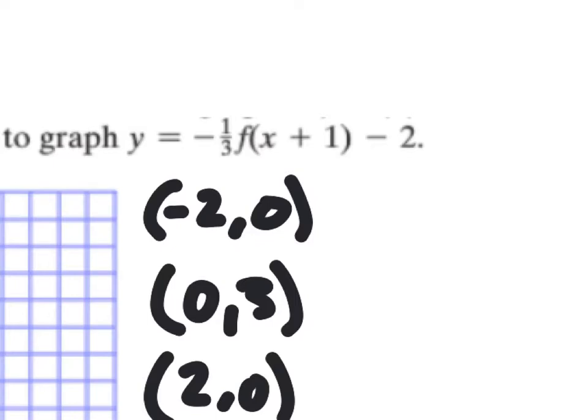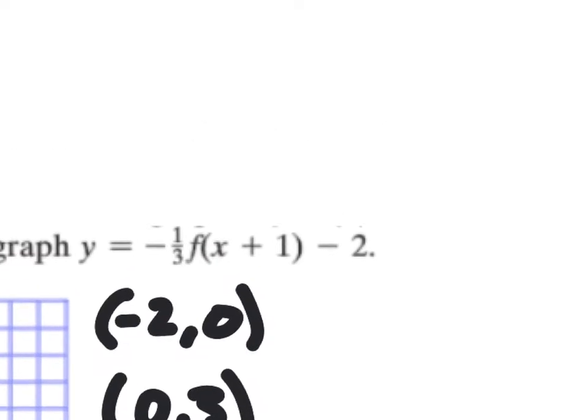Let's talk about what we're doing in this. This +1 here means we're going to shift this graph left 1 unit, so we're going to subtract 1 from each x.